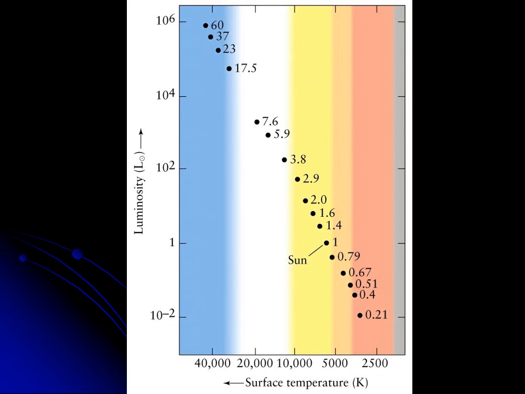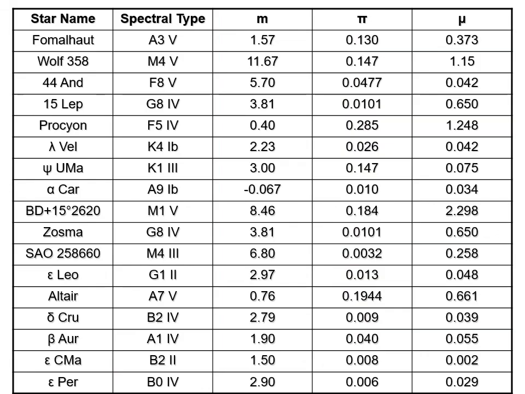So on your HR diagram, you have more mass up and to the left. That turns out to be a very useful thing, because it means we can now figure out masses of stars.